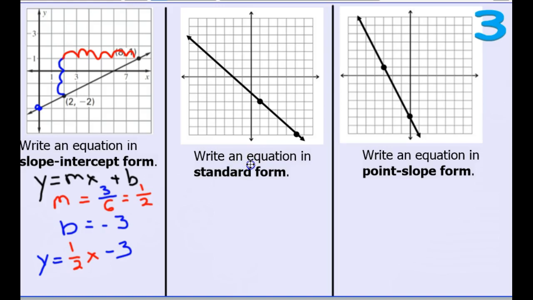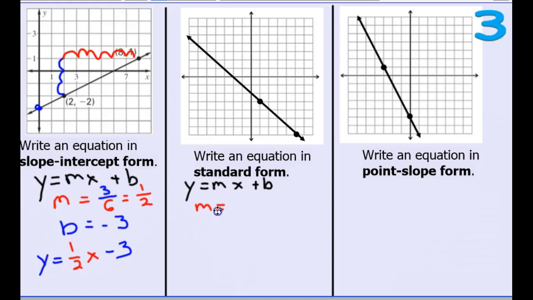Here we have to write an equation in standard form. So what we can do is we need to figure out our y equals mx plus b first, since we have a graph. So if we have y equals mx plus b, then we can find our m, our slope, by counting the rise over the run.